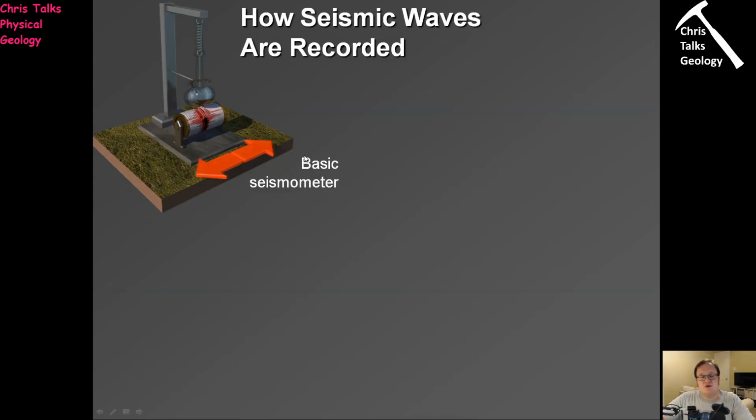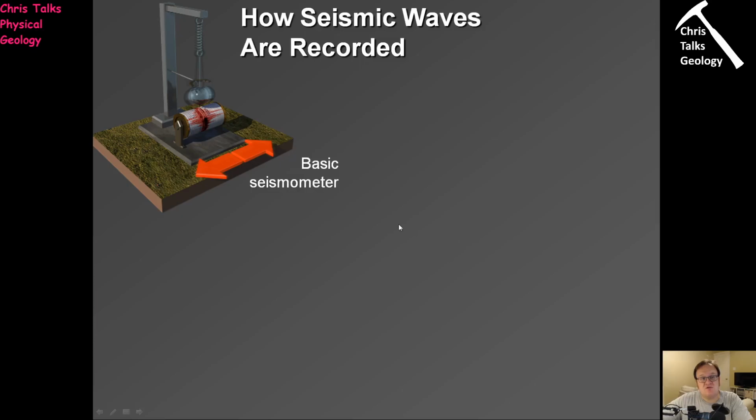Okay, so how are geologists actually going to measure these waves as they pass through? Well, the first way we do it is through the basic seismograph, also referred to as a seismometer. This is what we've seen in the movies. You have a pendulum, a metal ball at the bottom attached to a spring, and at the end of the metal ball there is a pen, and there is a drum with paper on it constantly rotating.